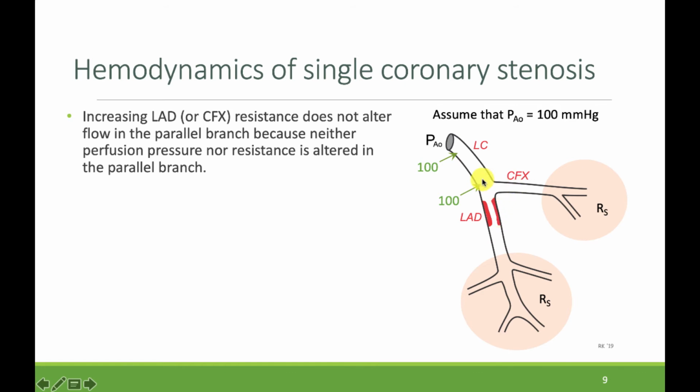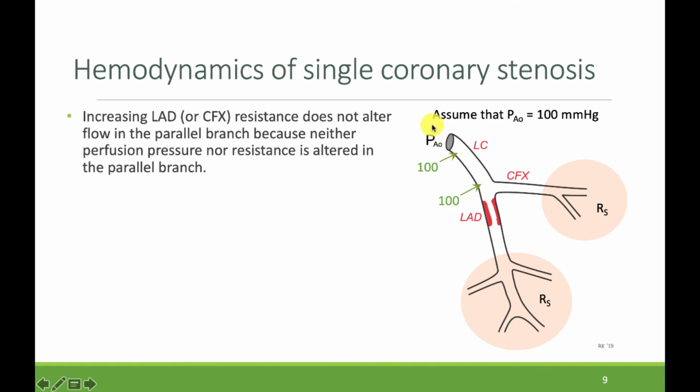to note that there will be no change in circumflex blood flow. It's very easy to think that, well, if you have an occlusion here, you're going to get more blood flow through here, but that does not occur. It does not occur because the pressure here, which is driving the flow through this vascular bed, is not going to change.